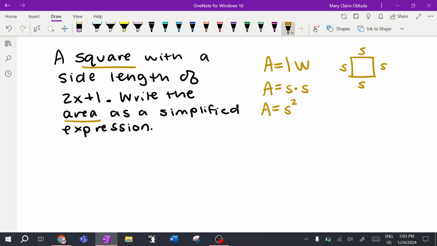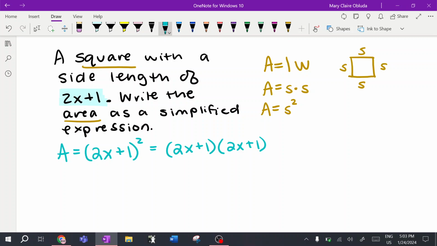Okay, so if the side length is 2x plus 1, our area is going to equal 2x plus 1 squared, or it also equals 2x plus 1 times 2x plus 1. And since we just learned about FOILing, we can use that method to simplify it. Okay, so let's do that. Let's take the first term, 2x times 2x, first term in both expressions.